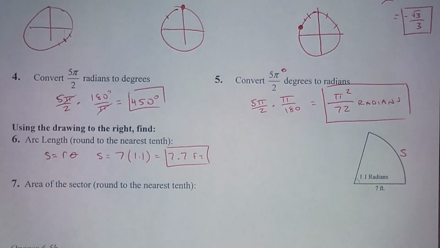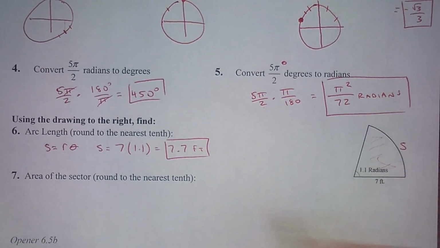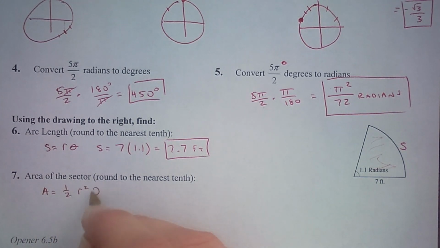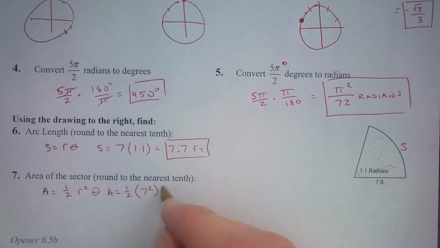And last, we want to find the area of this sector. So the area inside of this sector, A equals 1/2 R squared theta. So A is 1/2 times radius squared, 7 squared, times the radian measure, 1.1.